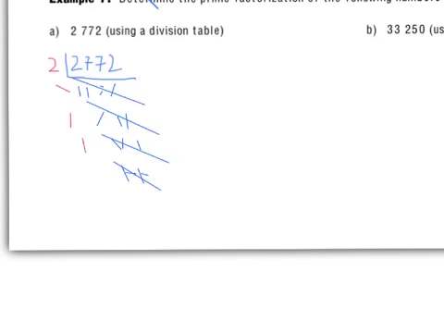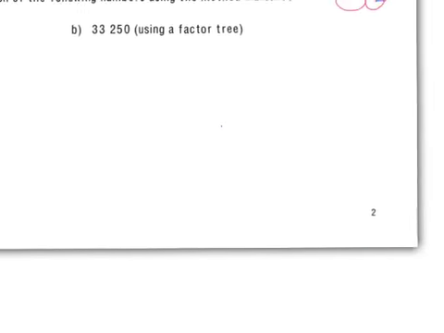And then 77, we'll give you a 7 and a 11. So the prime factorization would be 2 times 2 times 3 times 3 times 7 times 11 to give us 2,772.